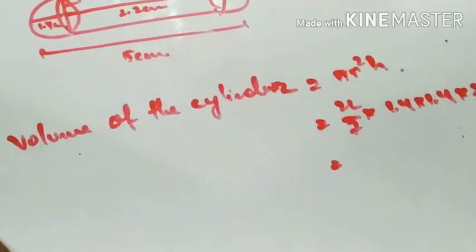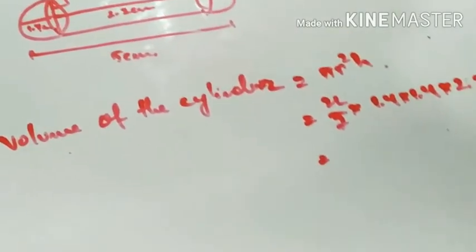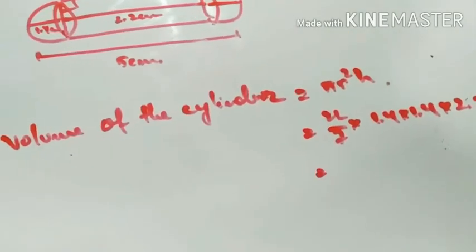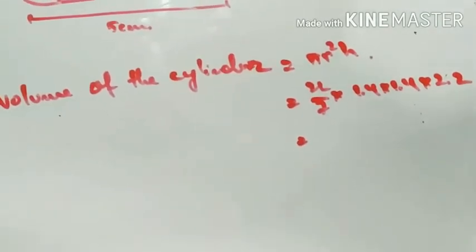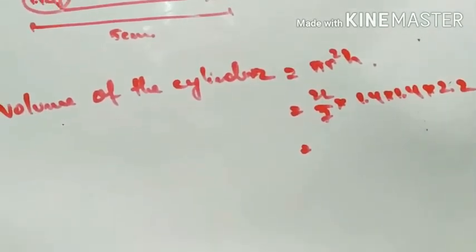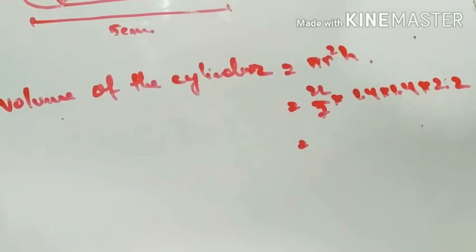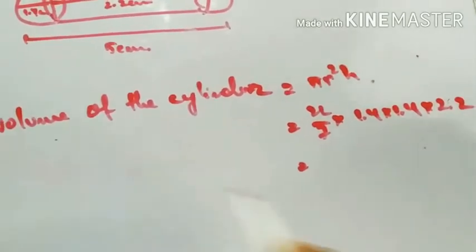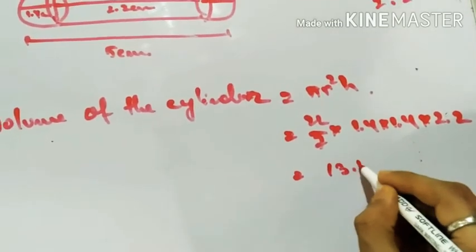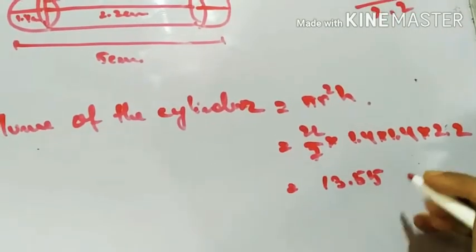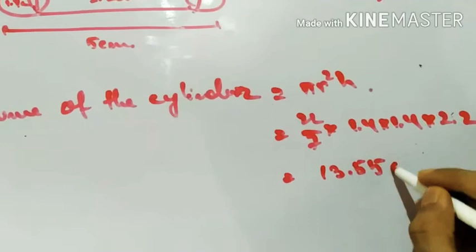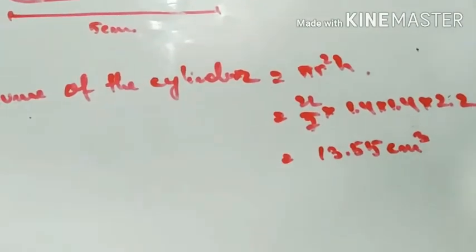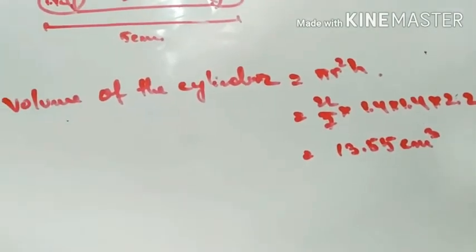If I solve it, 22 into 1.4 into 1.4 into 2.2 divided by 7, I will get 13.55 centimeter cube.